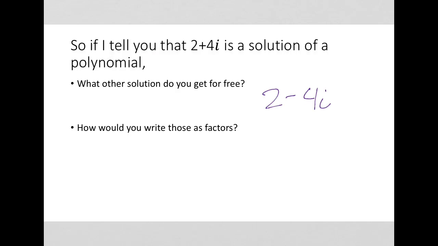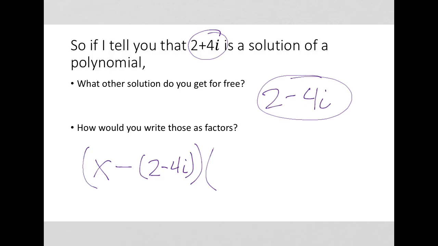But think about this. If we wanted to write this as a factor, I know that I can write it as a linear factor, x minus that quantity, 2 minus 4i, for one of them. And since it's occurring as a conjugate pair, I know I'm going to have x minus the quantity 2 plus 4i as well.